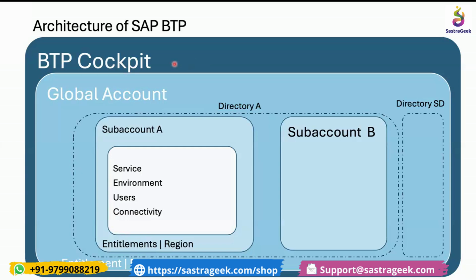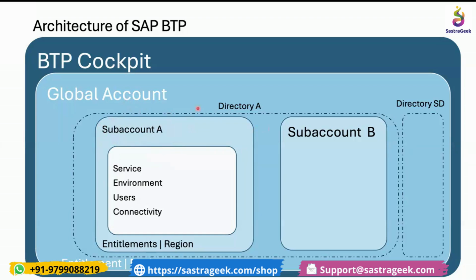The core of BTP administration happens from the BTP cockpit. All your security, all your admins, they all manage the BTP cockpit. What you would be given is a user ID through which you can access your particular sub account.